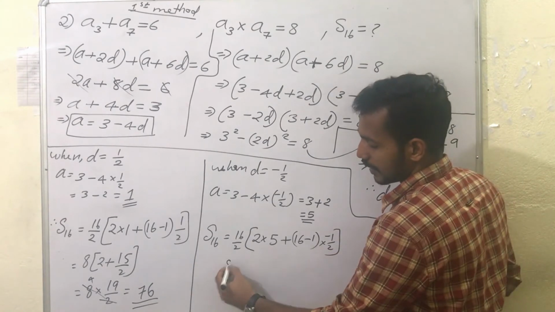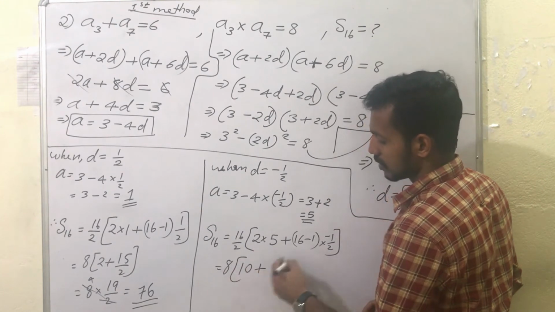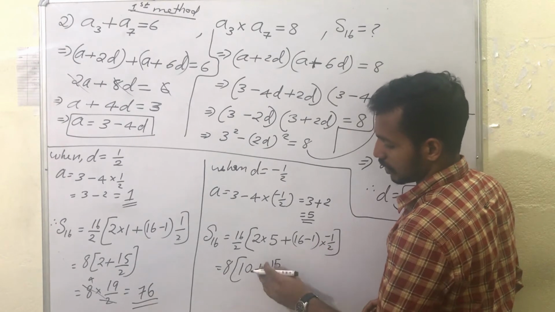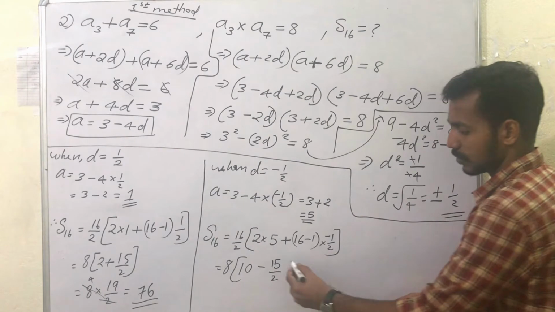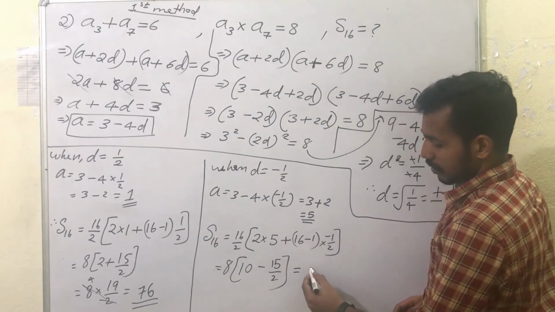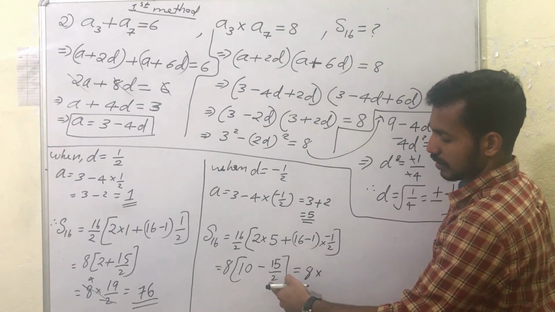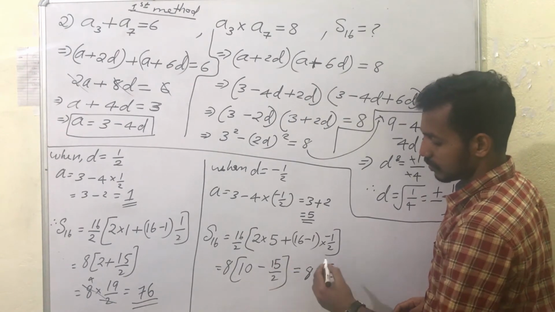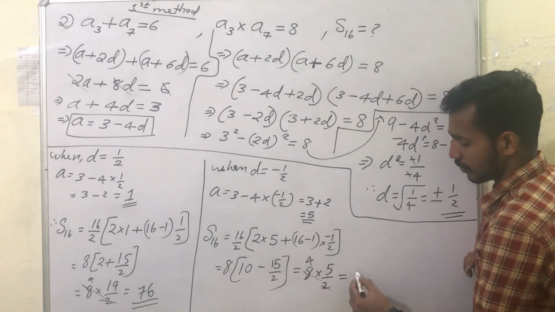Then 16 by 2 is 8 into 2 into 5 is 10, plus 15 into minus 1 by 2, so this sign will be minus 15 by 2. Clear? That is equal to 8 into (10 into 2 is 20, 20 minus 15) 5 by 2. Answer 4, which is equal to 4 into 5, which is equal to 20.